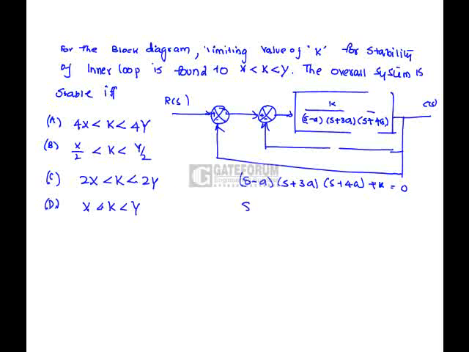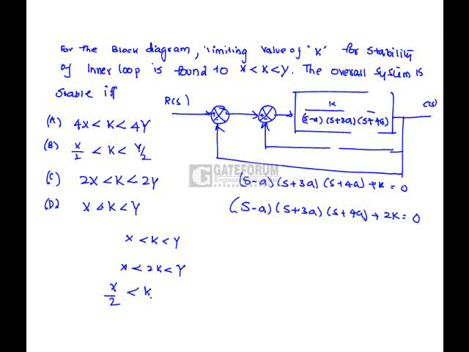For the outer loop the characteristic equation is similar except K is replaced by 2K, because it is going to be added twice, as the feedback is repeated twice. So if K is in between X and Y, 2K is between X and Y for the outer complete system to be stable. So K should be greater than X by 2 and less than Y by 2. Hence option B is correct.